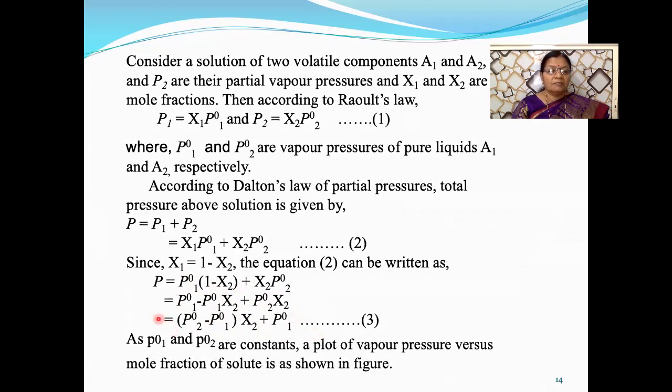So the total vapor pressure is equal to (P02 minus P01) into X2 plus P01. Followed? As P01 and P02 are constants, a plot of vapor pressure versus mole fraction of solute is as shown in the figure. We see it in the next slide.